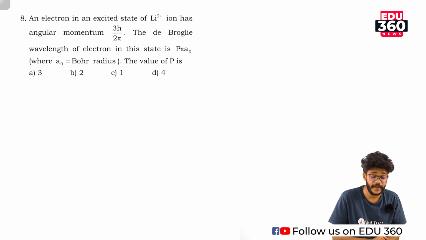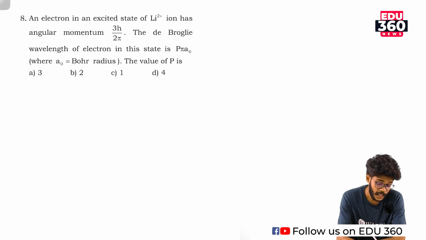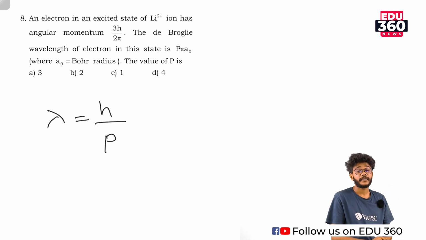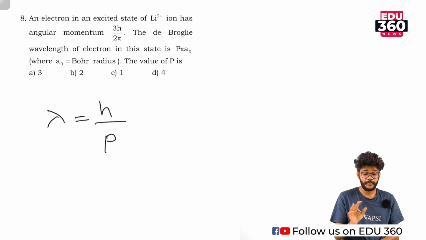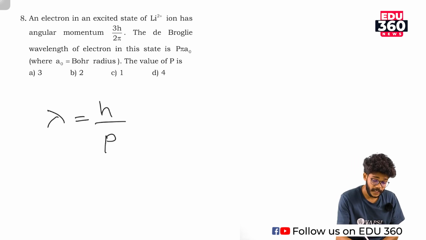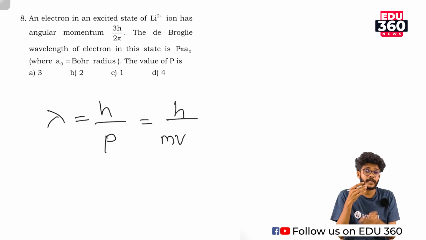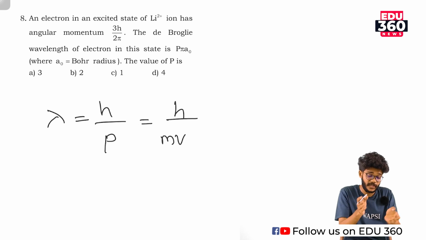The de Broglie wavelength. So we want to use the de Broglie equation, lambda is equal to h by p. What is p? p is momentum, so h by mv, and they have given the value of angular momentum. So we want to create an equation of angular momentum inside this equation.